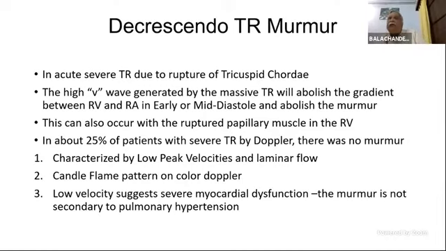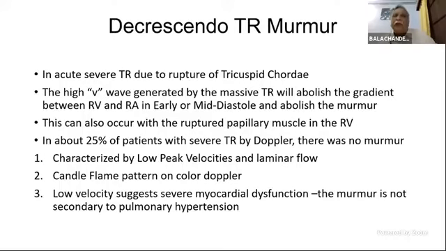And it can also occur due to ruptured papillary muscle in the RV. This can occur due to RV infarction. And sometimes there is severe TR by Doppler, and you always see that you are getting TR by Doppler, but there is no murmur heard on the patient. This discrepancy is characterized by low peak velocities and laminar flow.